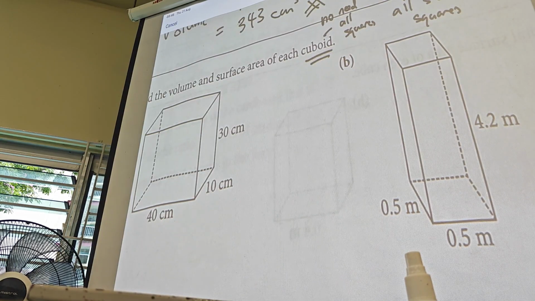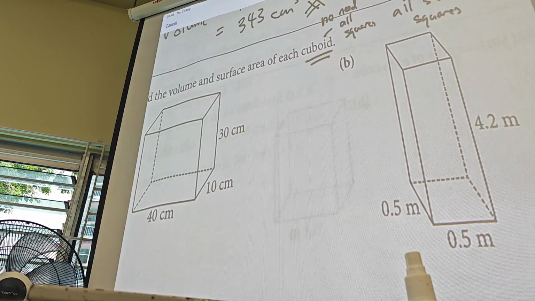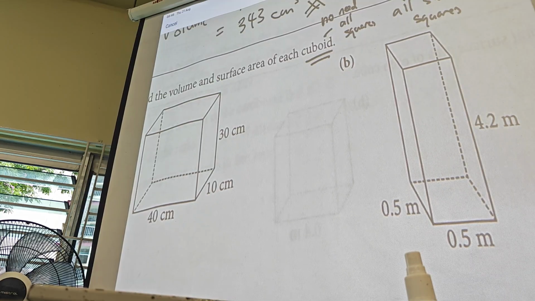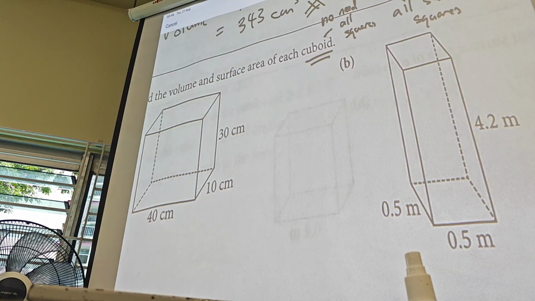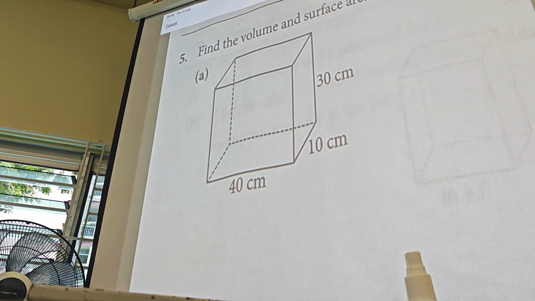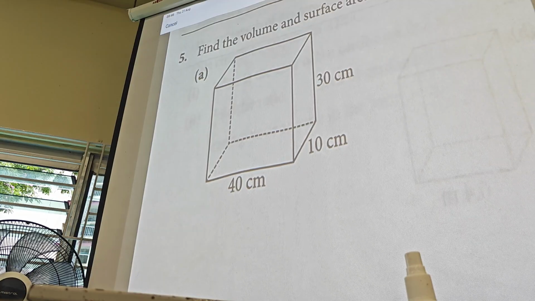Okay? Maybe one of them is square, the others are rectangle. Or maybe two of them are square, one side is rectangle. Okay? So then it will be called a cuboid. So like this object here, if we look at the bottom it is a rectangle, 40 cm by 10 cm. Okay? If we look from the front, this side is 30, so here is parallel, here is also 30.